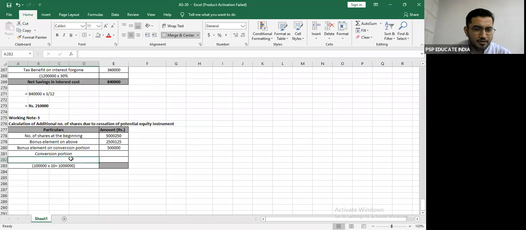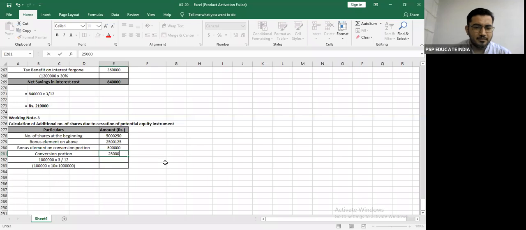So over here, you have 10 lakhs into 3 divided by 12. How much do you get? 10 lakhs into 3 by 12. Quickly on the chat box, you get how much? 2 lakh 50,000.